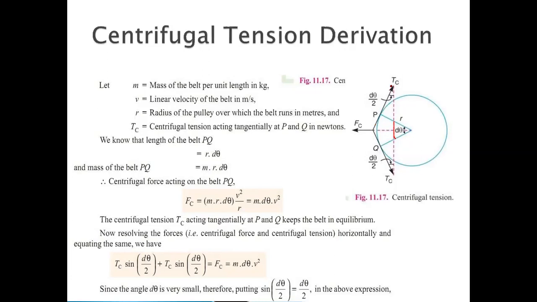The tension on the slack side and the tight side is Tc at both sides, because the value of centrifugal tension at both sides is equal. So we are taking Tc at both sides.